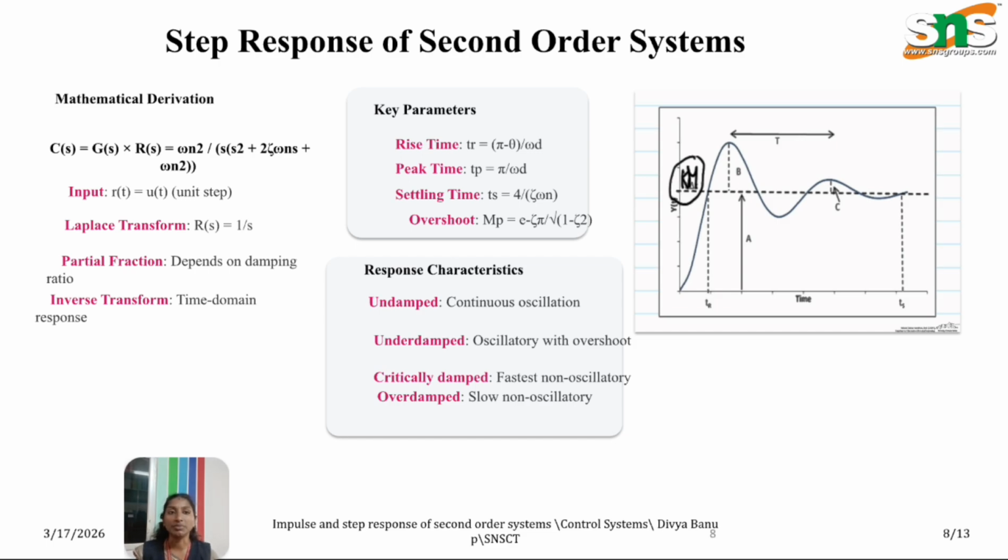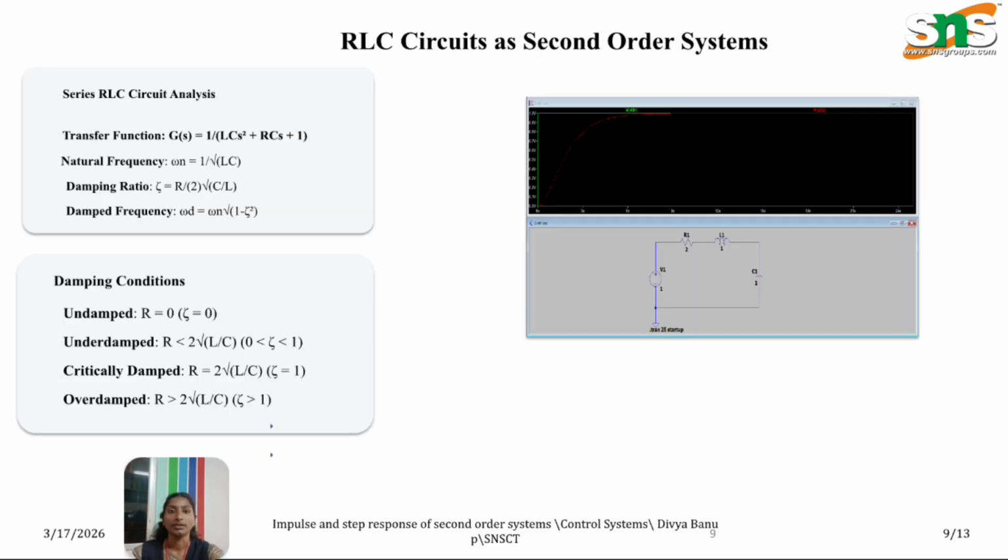Settling time is when the graph becomes a constant value. Rise time is when it goes initially from 0 to the maximum value, and peak time is the highest peak which the characteristic touches. The response is undamped when it oscillates continuously and underdamped when it is oscillatory.